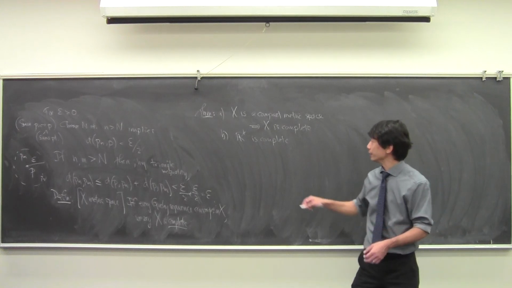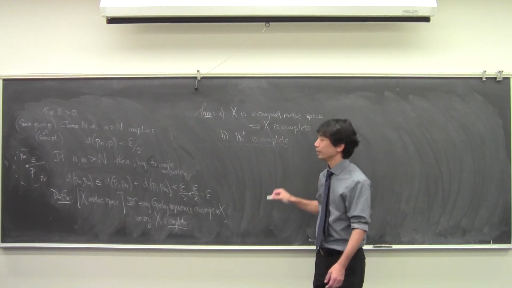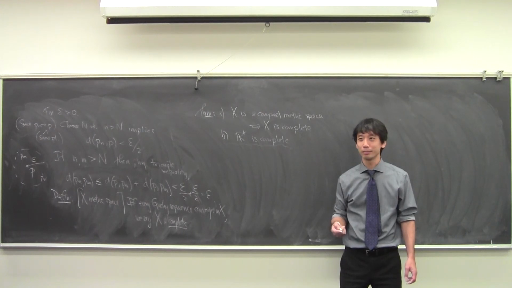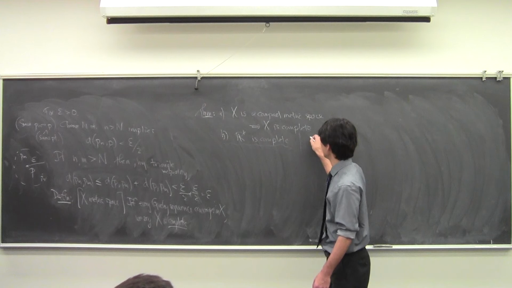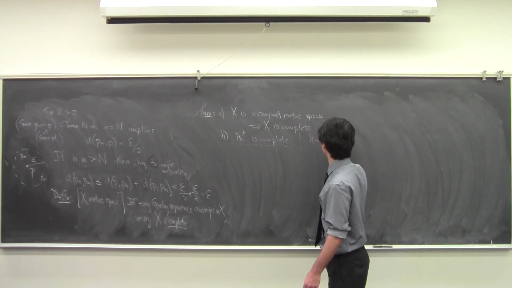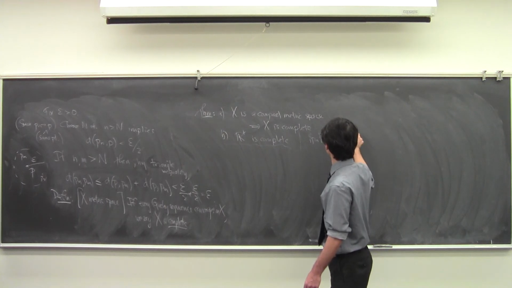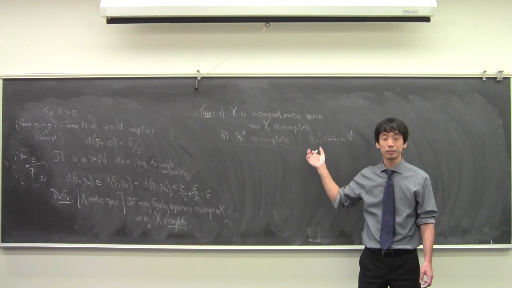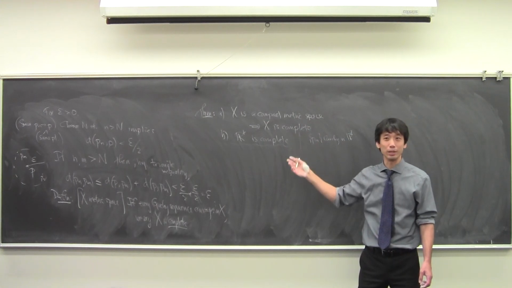How do you think we're going to do the second part? R^k is, of course, not a compact metric space, but suppose we have some Cauchy sequence in Euclidean space. How are we going to use the first part to get the second part?